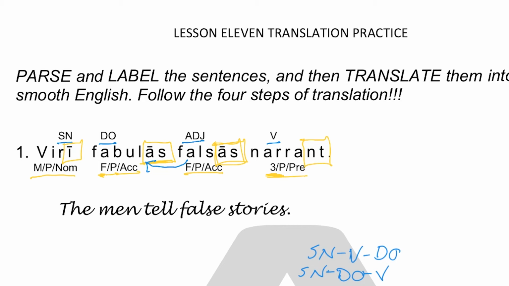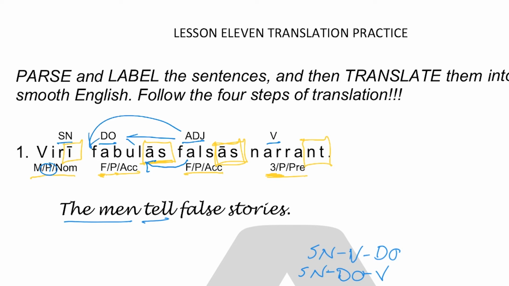So now that we have our labels, we should be able to translate. Our subject is plural, so we're translating this the men. Next comes our verb, narrant, to tell. The men tell. And then another instance where we have to rearrange. In Latin, the adjective comes after the noun. In English, it comes before, so we're going to move it.